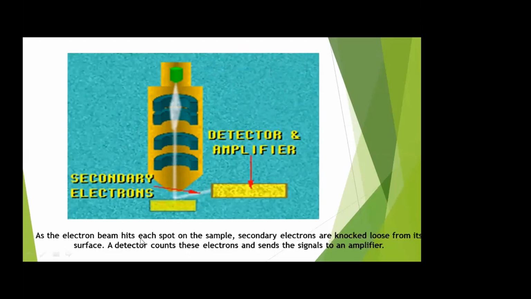As the electron beam hits each spot of the sample, secondary electrons are knocked loose from the surface. A detector counts these electrons and sends the signals to the amplifier.